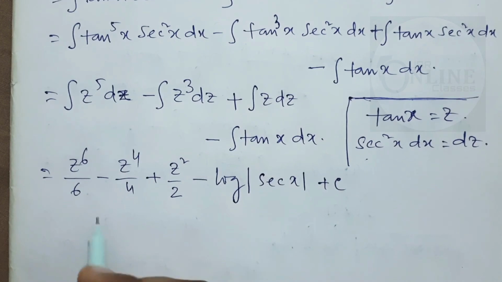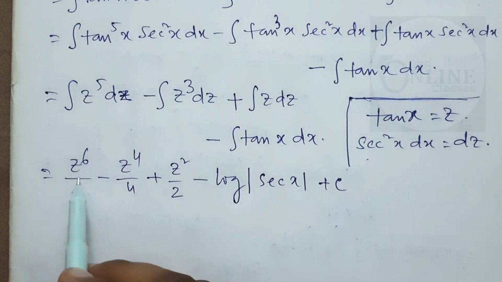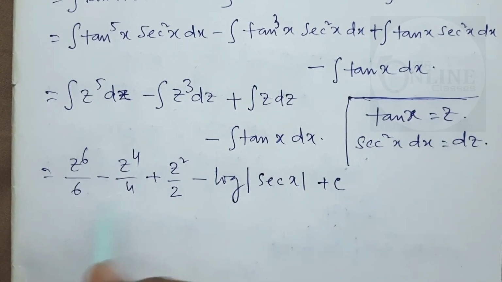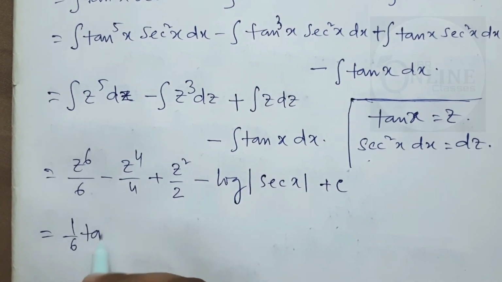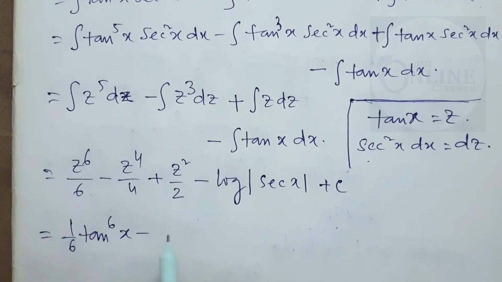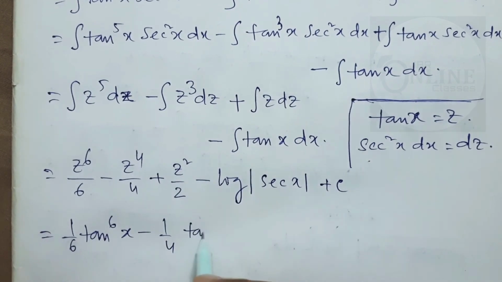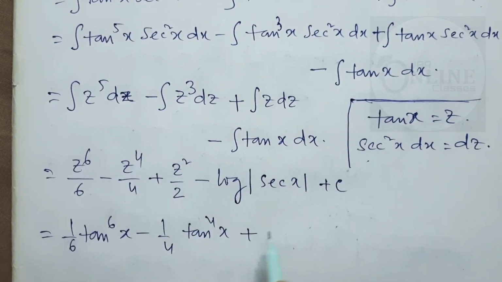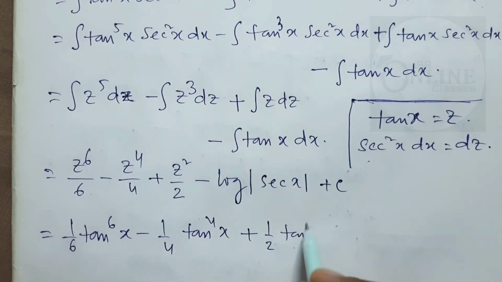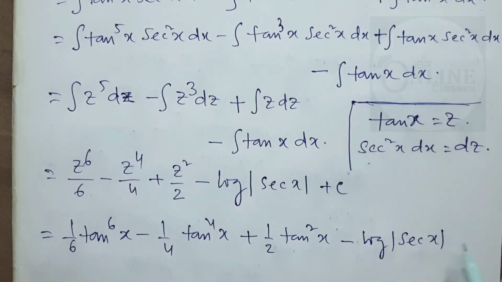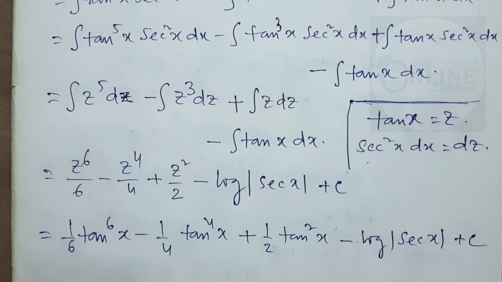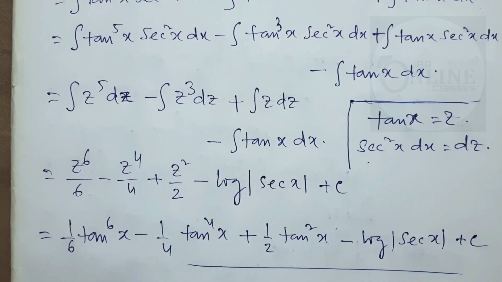Now just replace the value of z, z equal to tan x. So this is going to be 1 by 6 tan to the power 6x minus 1 by 4 tan to the power 4x plus 1 by 2 tan square x minus log of mod sec x plus c. This is the answer. We are done.